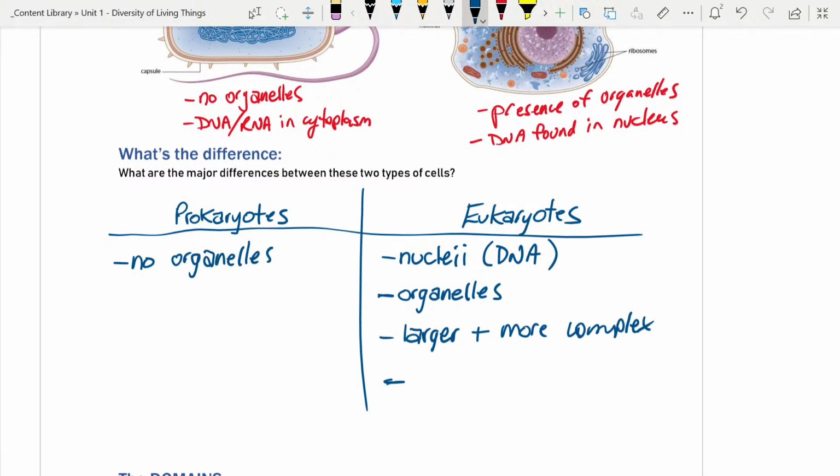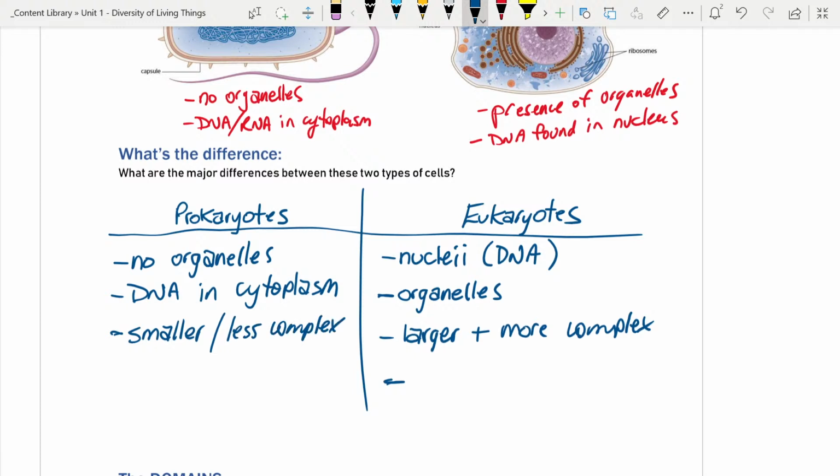The DNA is in the cytoplasm. They're smaller and they're less complex. But by virtue of the eukaryotes' large complexity, what can they do that prokaryotes can't?